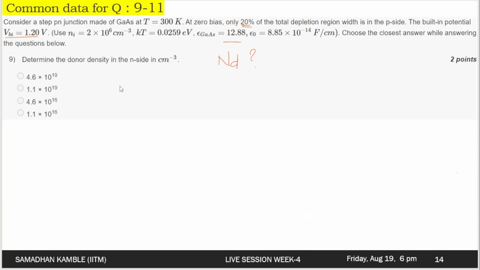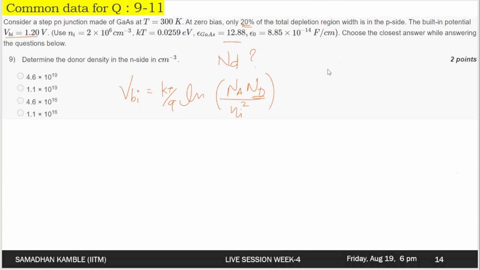Okay, so the built-in potential as we know is given as kT over q ln of (acceptors times donors, Na times Nd) over Ni squared. We need to find the value of Nd. Ni is given, but we don't know the value of Na. But one piece of information given here is that at zero bias, only 20% of the total depletion region width is in the P side.